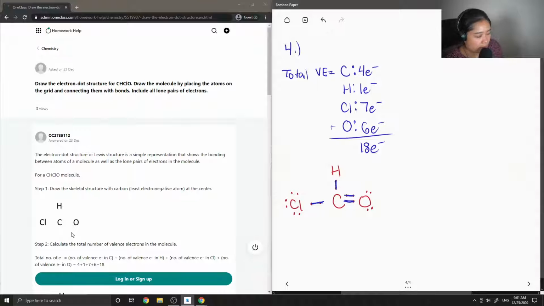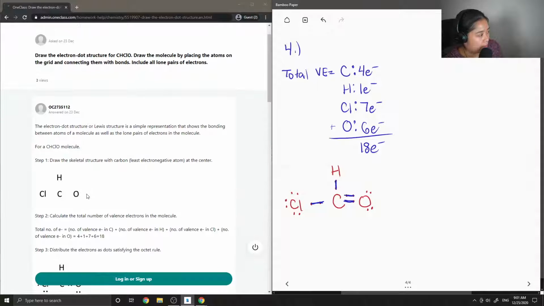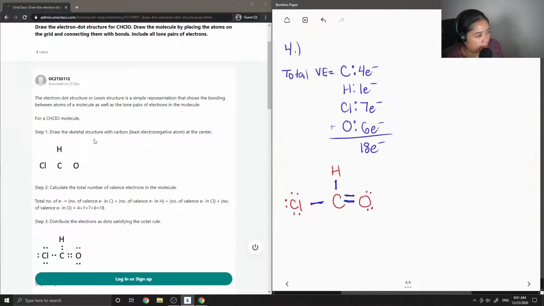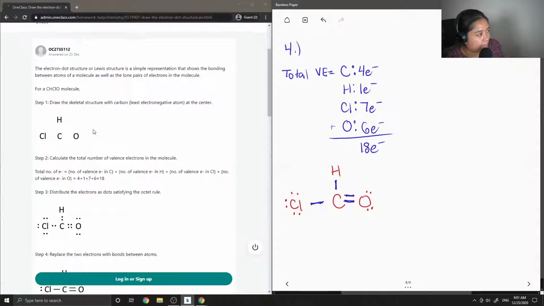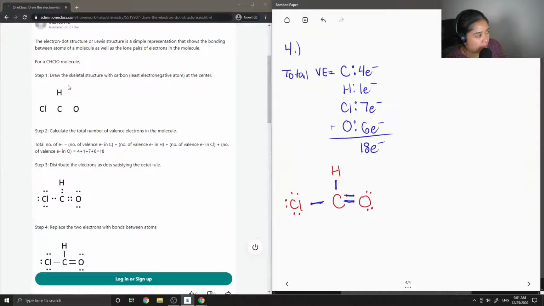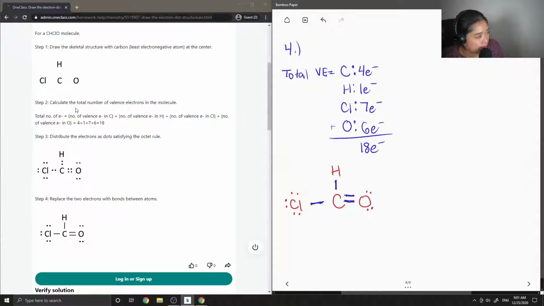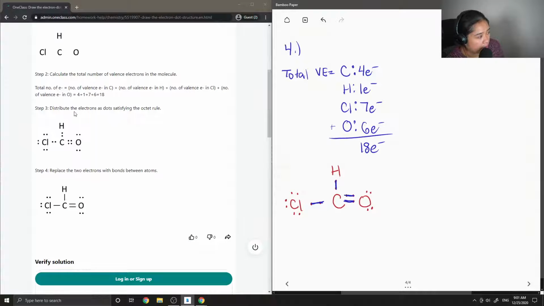Okay, so let's see what the junior tutor said. The electron dot structure or Lewis structure is a simple representation that shows the bonding between atoms of a molecule as well as the lone pairs of electrons in the molecule. Step 1, draw the skeletal structure with carbon, which is the least electronegative atom, at the center. Step 2, calculate the total number of valence electrons in the molecule.